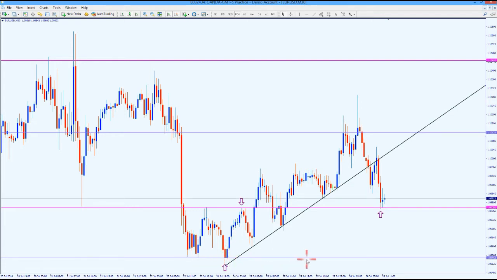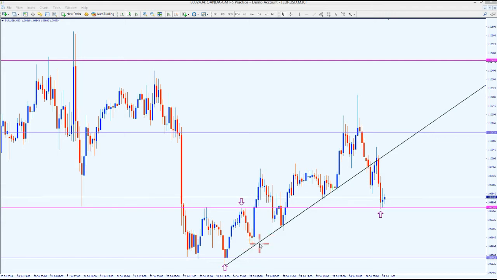As you can see, the line is a mix of candle openings, candle closing prices, and candle wicks. It's always a mix, regardless of whether it's a trend line or a support resistance line.